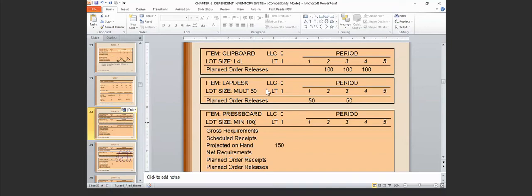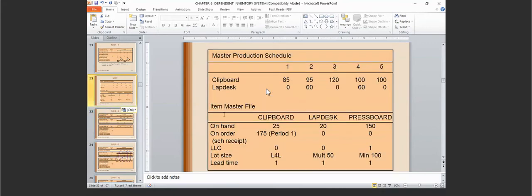So each time we make an order for the fresh board, we must ensure a minimum order quantity of 100 units, and the lead time for the fresh board is 1 period, and the projected on-hand inventory is 150. All of this information you can get from the item master file for the fresh board.